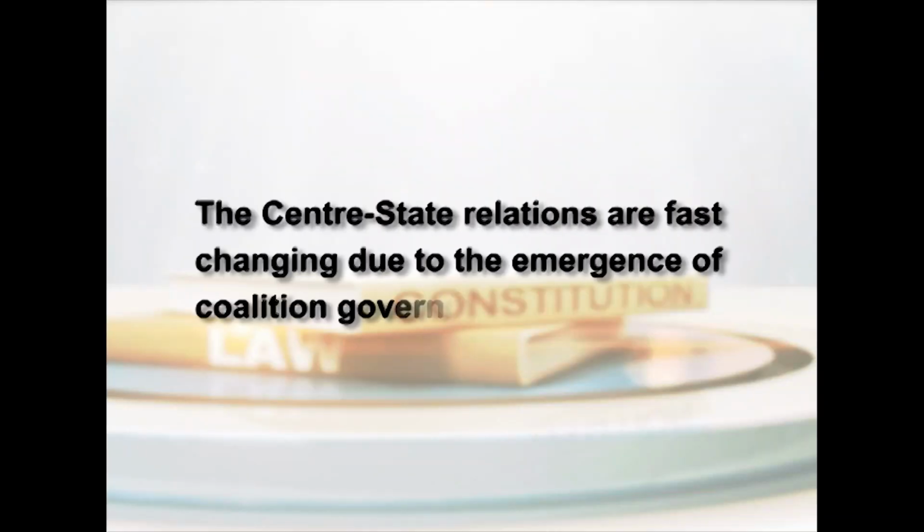However, the situation is fast changing due to the emergence of a history of coalition governments in India, because coalition governments are committed to granting more autonomy to states and to transferring a vast majority of centrally sponsored programs to state governments. And we have already seen that both NDA and UPA governments had to surrender a number of times to the demands of the regional parties, especially when these regional parties are part of the central government, or at least are extending their support to the government.